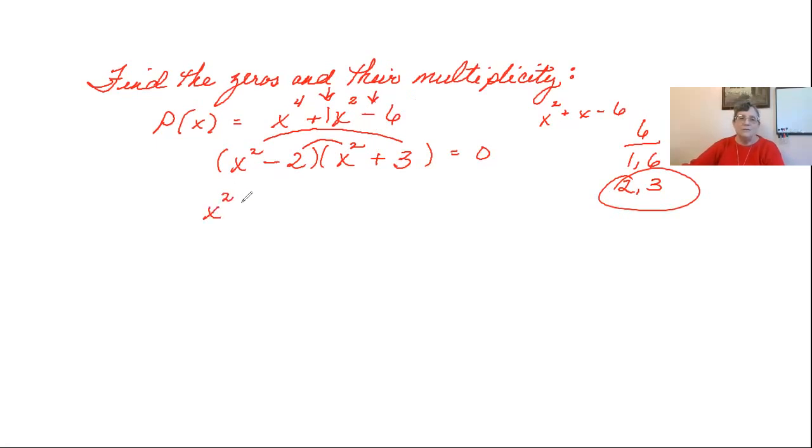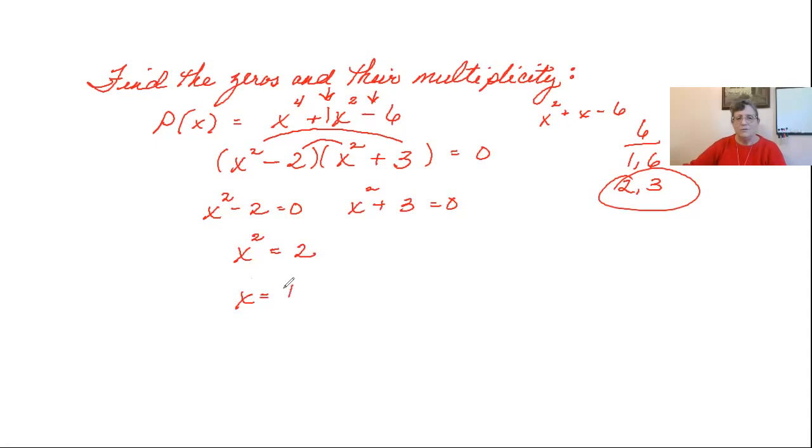Now I can set my factors equal to 0. It's a square, don't lose that. And even though these are quadratics, I don't have to use the quadratic formula because there's no middle term. I can just say this is x squared equals 2.